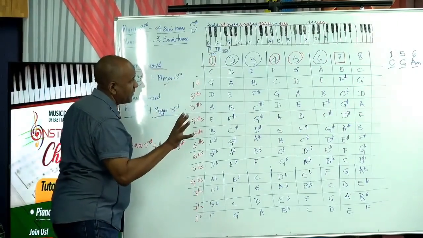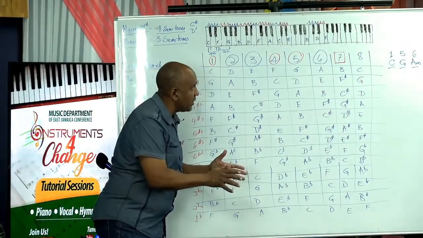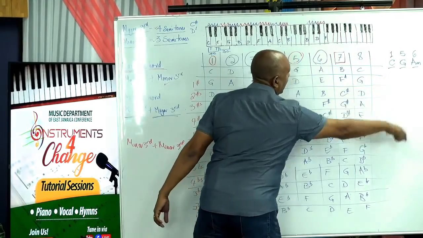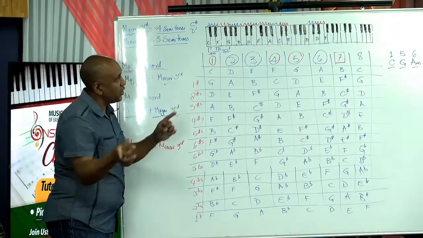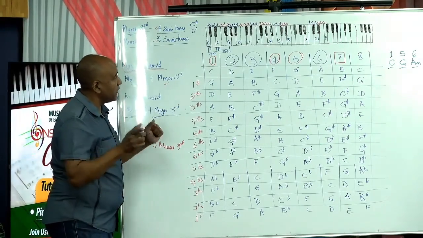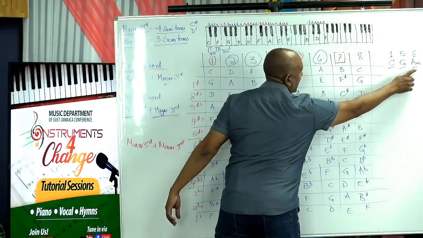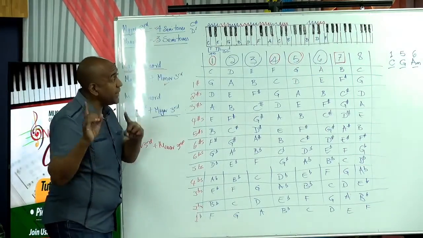That's number 5. Now, what you'll notice is that our number 5 chord was our number 6 chord in the key of C. But there's a difference between our number 6 chord and our number 5 chord in the key of D. What's the difference? In the key of C, when it was number 6, it was a minor chord. In the key of D, it's now a major chord.